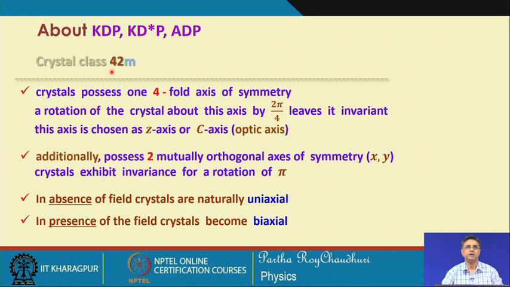That is why this class is the 4 2 class. In the absence of any applied electric field, the crystals are naturally birefringent, and in the presence of an external field, in general, it becomes biaxial.